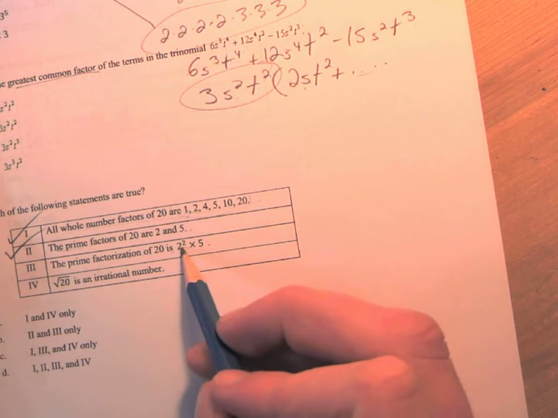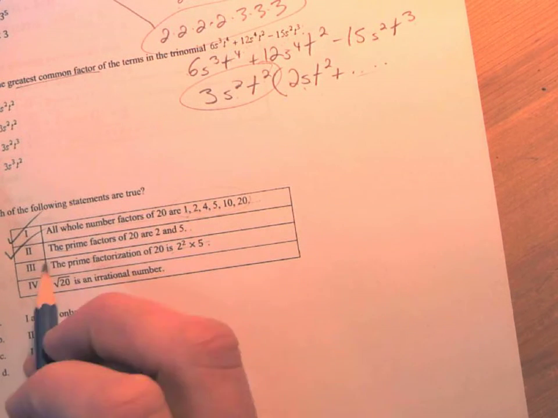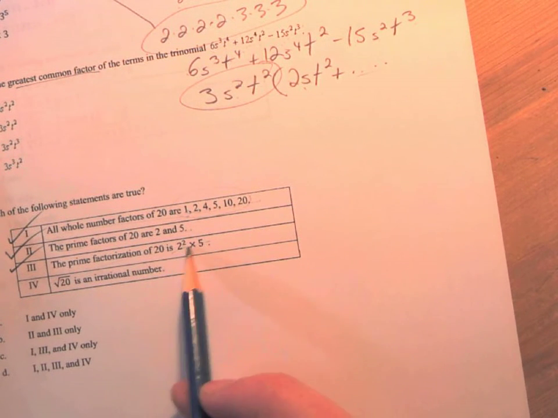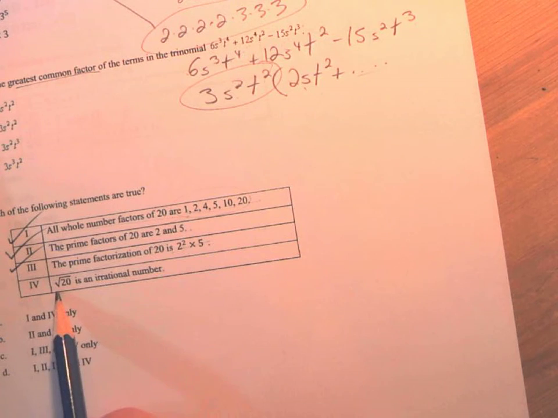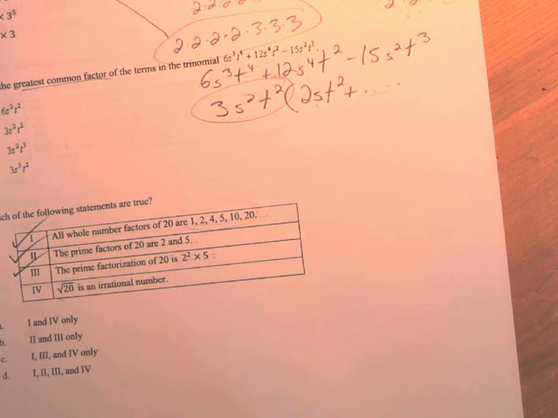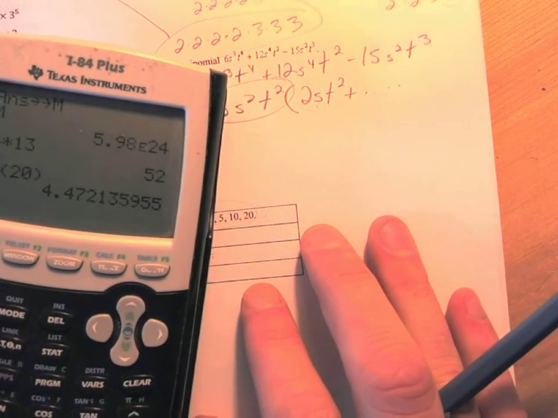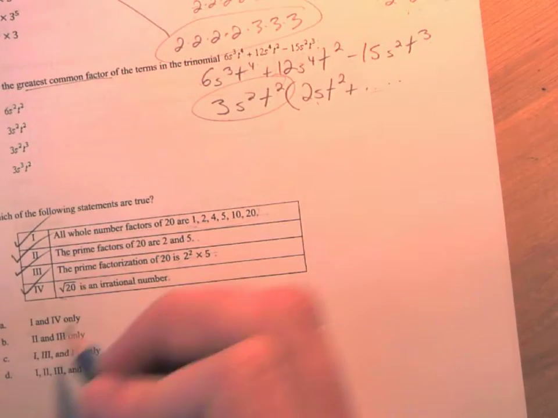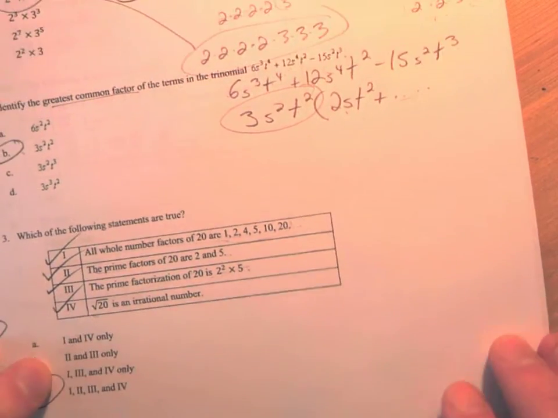Yep, those are all prime numbers, and they're what multiplies to that. It's actually the only thing that's prime and will multiply to that. Root 20 is irrational. If I typed it in, I get this non-repeating number, so it's irrational. Okay, so D for that one.